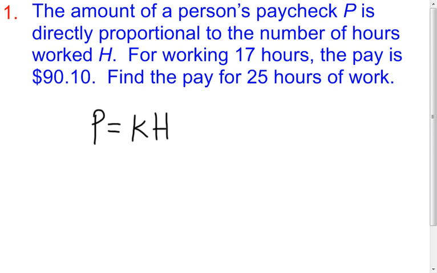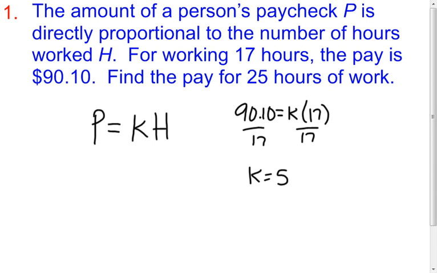Okay? So you will plug in $90.10 equals K times 17, divide by 17, and K will be $5.30. That's very cheap.